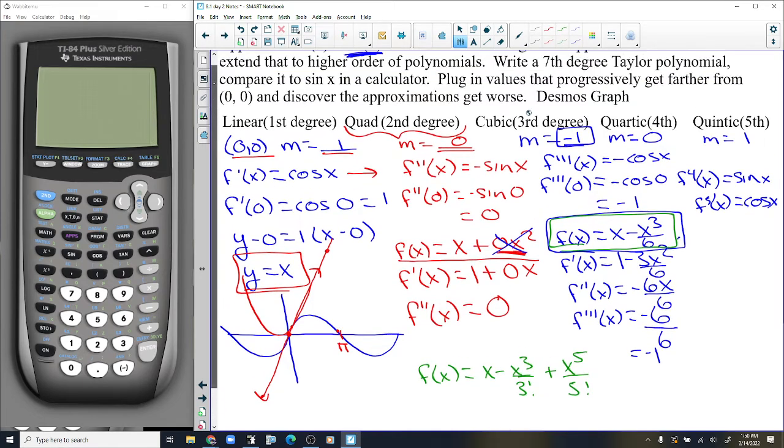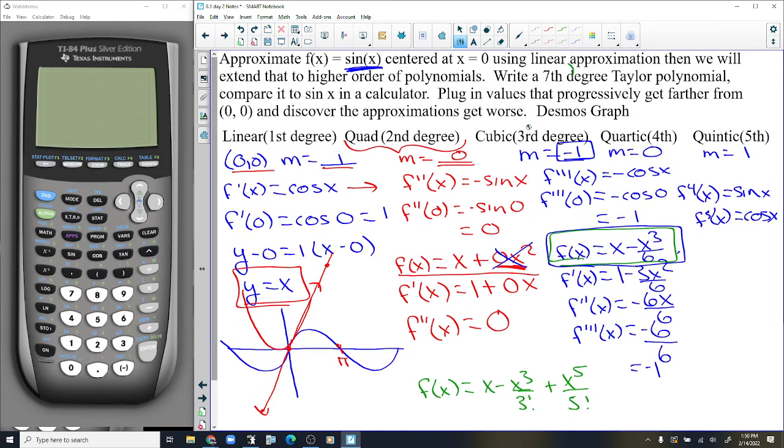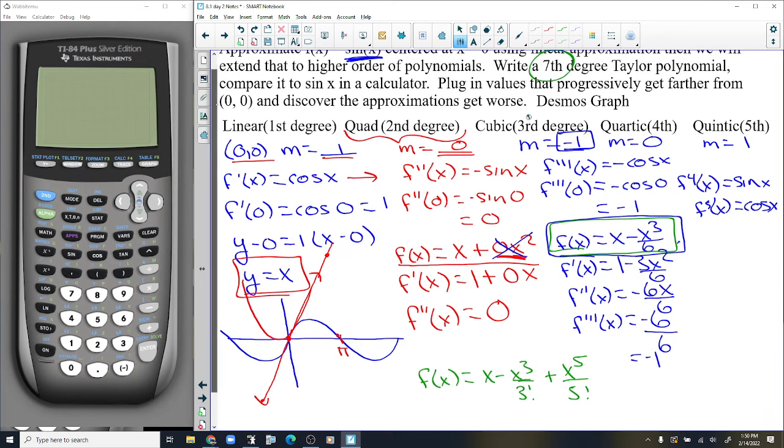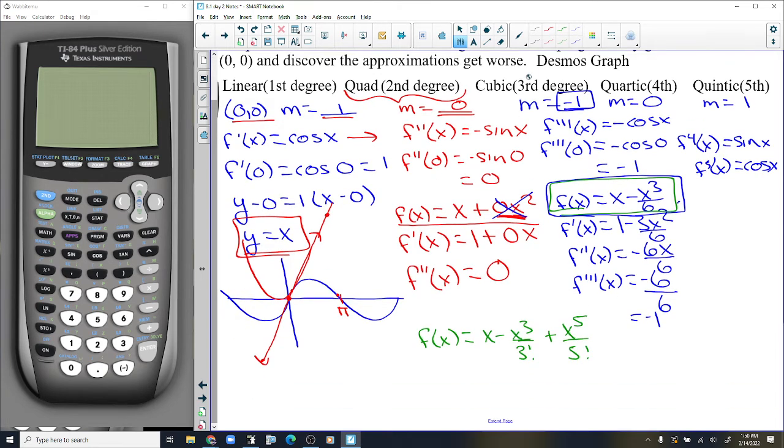Now this says, write a 7th degree Taylor polynomial. We've written the 5th degree Taylor polynomial to approximate sine. The 6th derivative would be 0. The 7th, do you see how it goes plus, minus, plus? It probably is minus x to the 7th over 7 factorial.